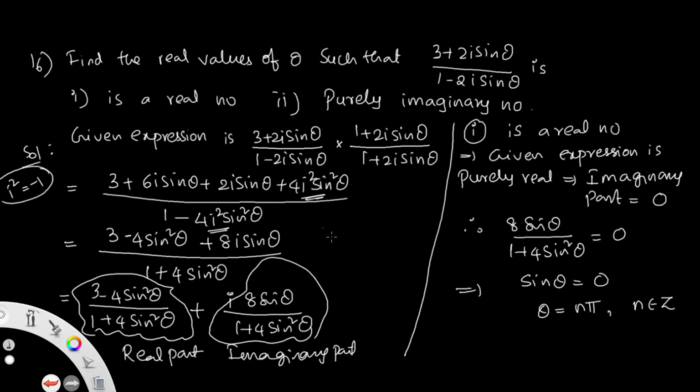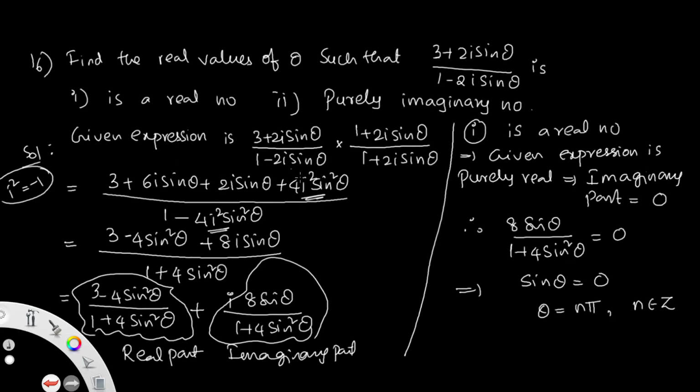Next, the second part: the given expression is a purely imaginary number. Same thing: the real part should be 0. Make the real part 0, then you get the value for theta. So make a note, all of you. The question: find the real values of theta such that (3 plus 2i sin theta) by (1 minus 2i sin theta) is a real number.